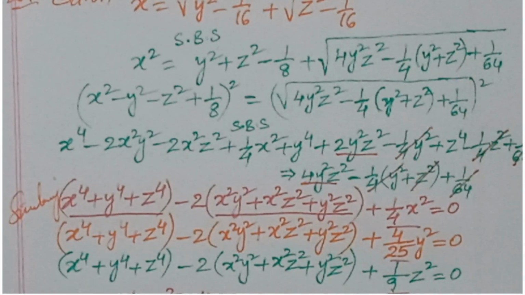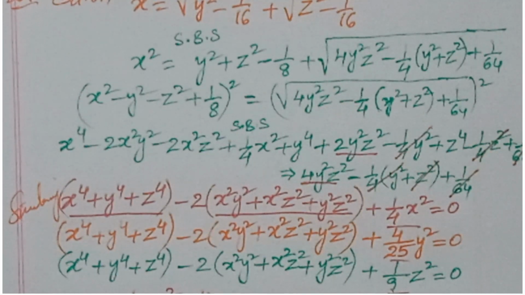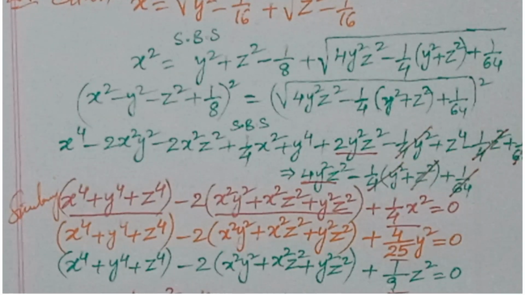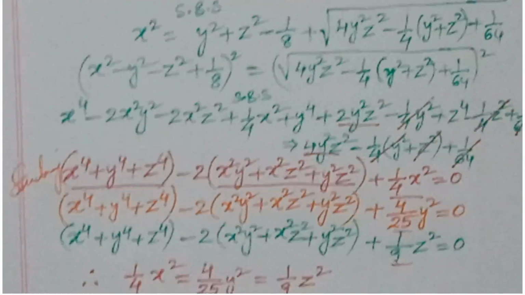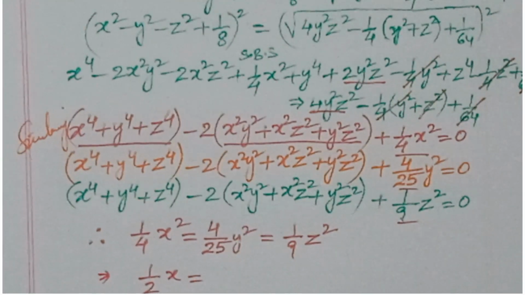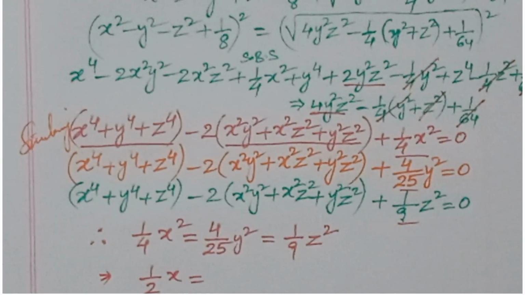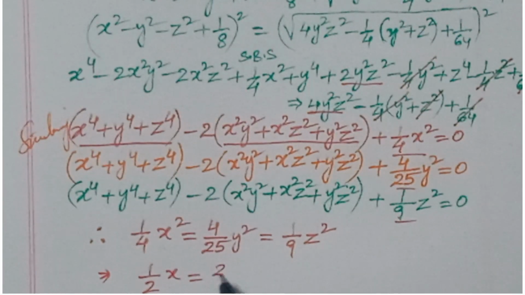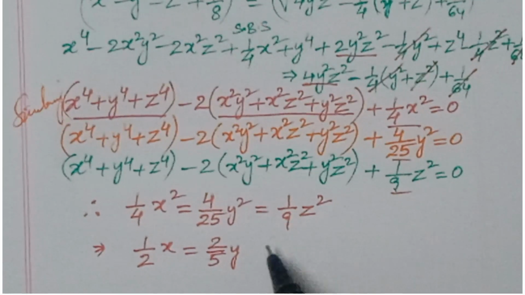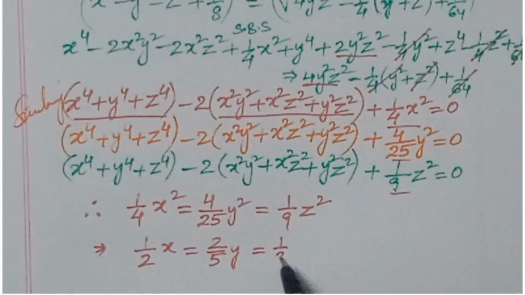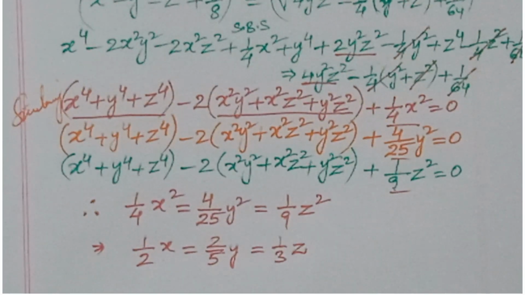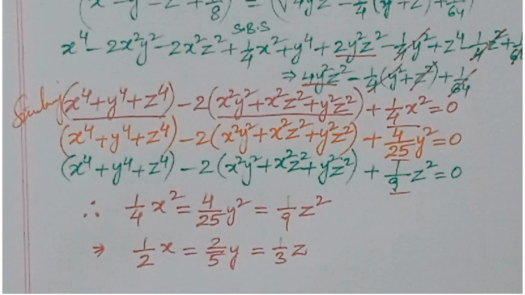From this you can write 1 by 2 x is equal to 2 by 5 y is equal to 1 by 3 z.